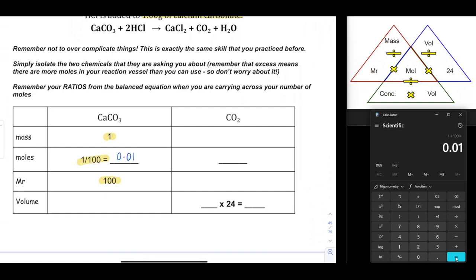We've got a 1-to-1 ratio in our balanced equation. So I've got 0.01 moles of calcium carbonate. I've got 0.01 moles of carbon dioxide. Therefore, I can do 0.01 times by 24. 0.01 times by 24, that will give me 0.24.